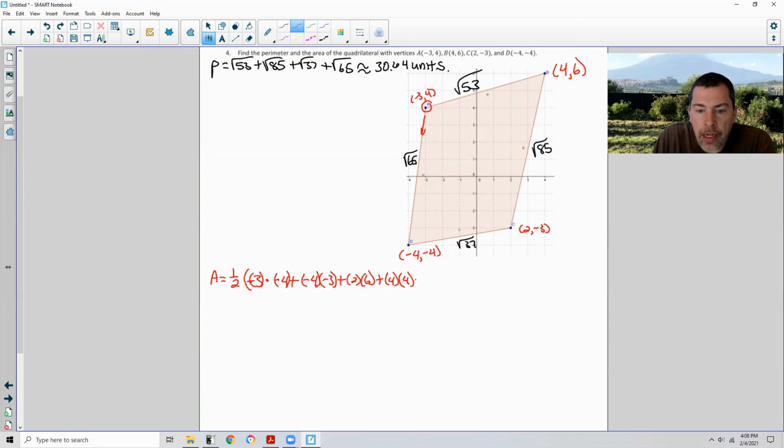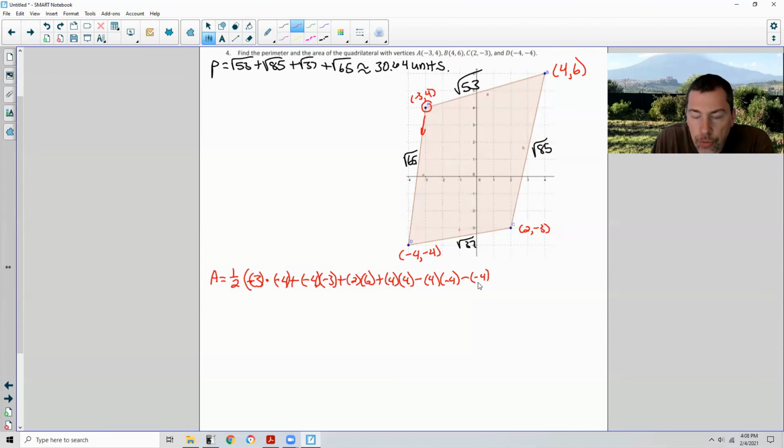All right, and then minus, start with y from our starting point. Y is 4 times x at the next point, which is negative 4, minus this y times the next x. That looks like 9. Let me fix that, or I'll be making a mistake.